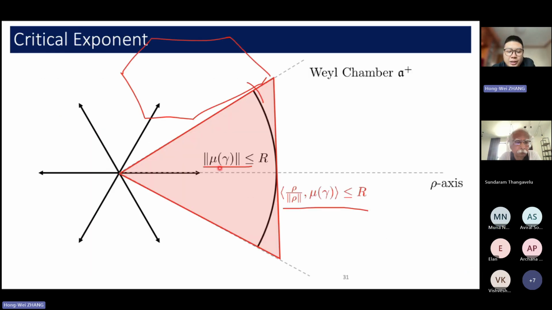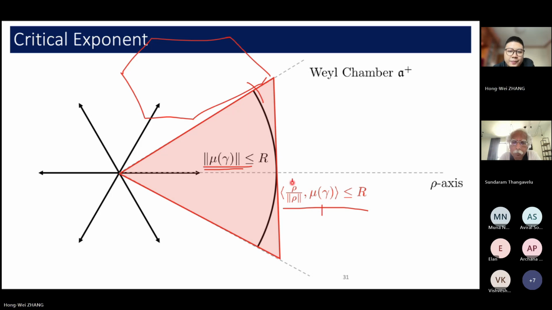Yeah, because I think if we consider this norm, you can only measure its length, but with this you can reflect the direction of the mu gamma, because you consider the inner product. You should take into account the direction of this element with the rho.